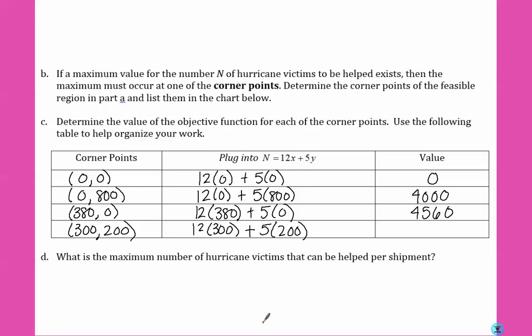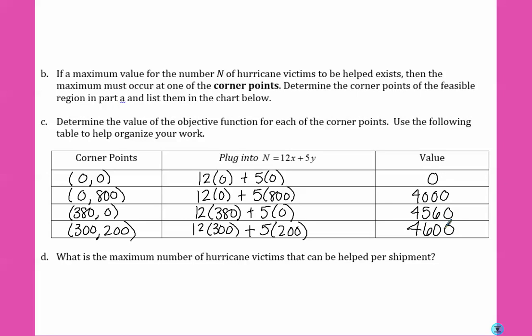If we send 300 food and 200 clothes, how many people do we help? 4,600 people, yeah. Just type it straight like that in your calculator.